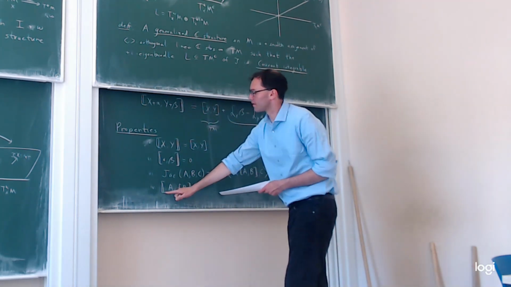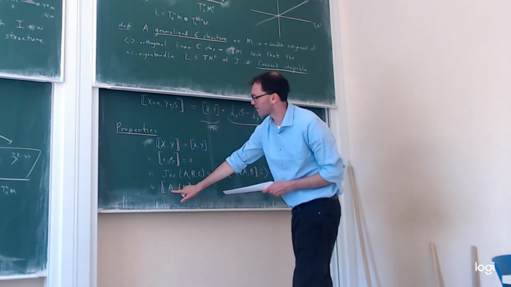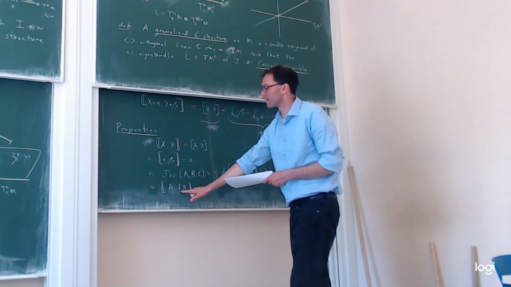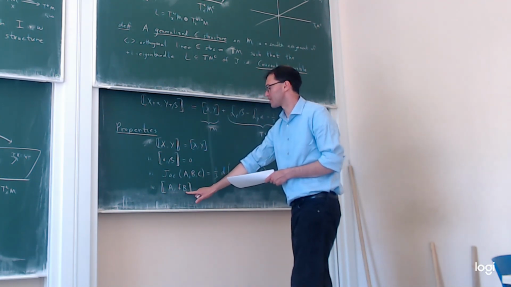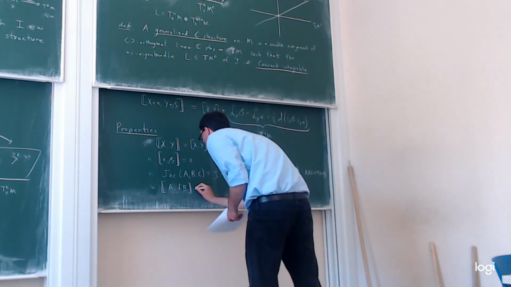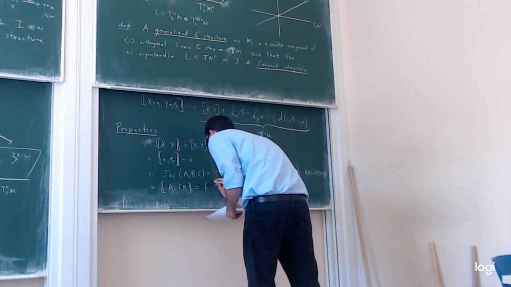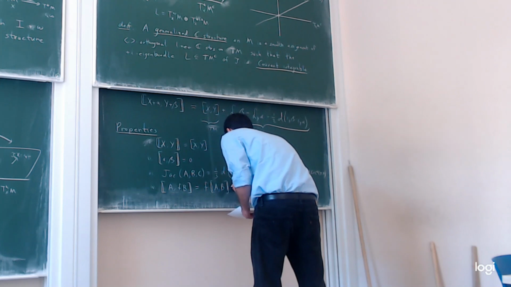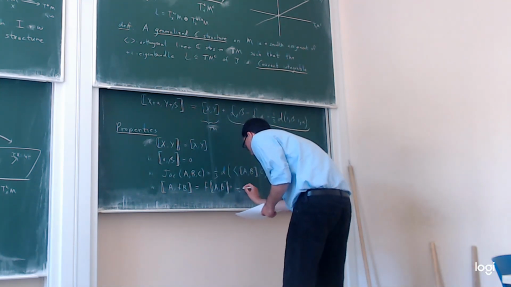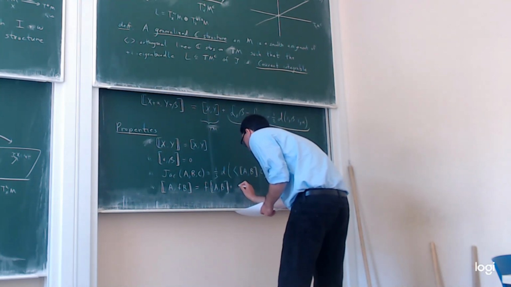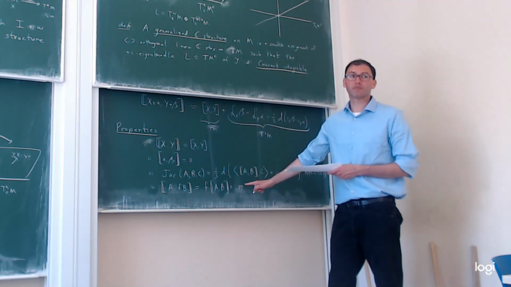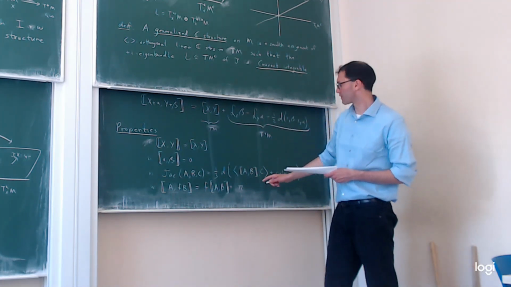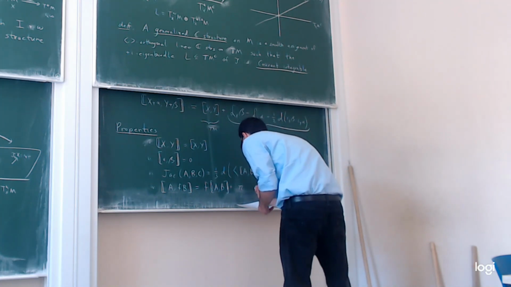So the Courant bracket applied to a section A on the left-hand side, and on the right-hand side, a smooth function f times B, is equal to f multiplied by the Courant bracket of A and B plus pi. Here pi is the projection from the extended tangent bundle to the actual tangent bundle.